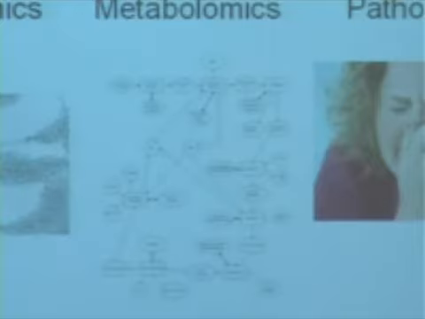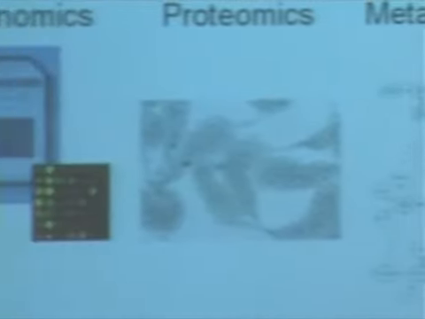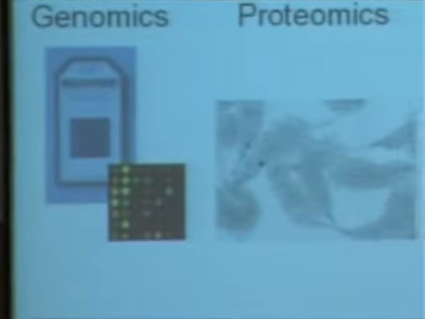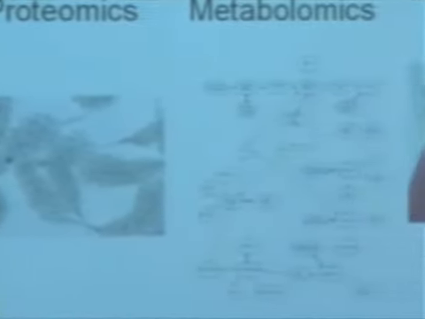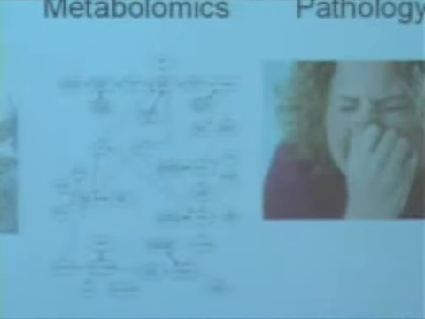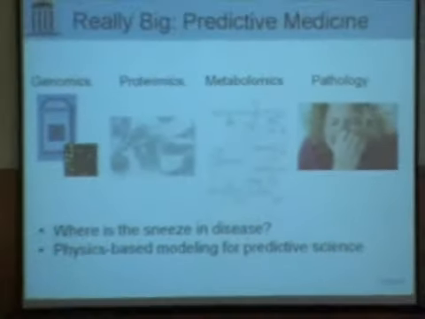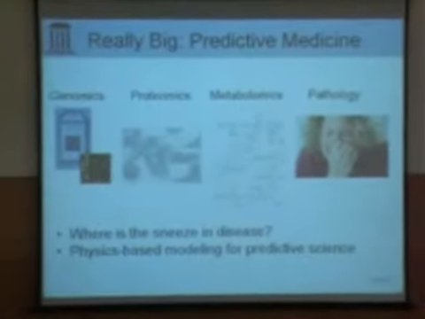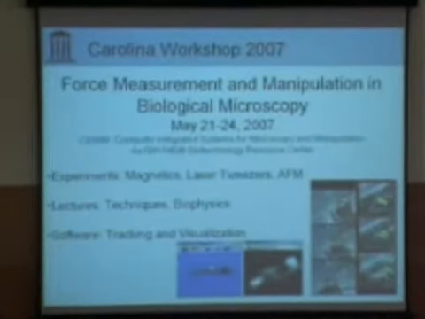In the end, what we are returning to is pathology, in other words, disease. If any of you have sneezed, you know that forces are involved with sneezing. So what we're trying to do is introduce physics and predictive computation into medicine to generate a truly computational and predictive science from medicine.